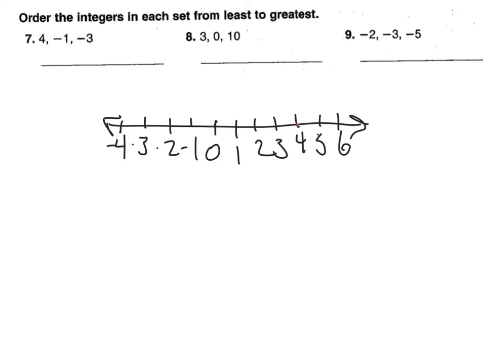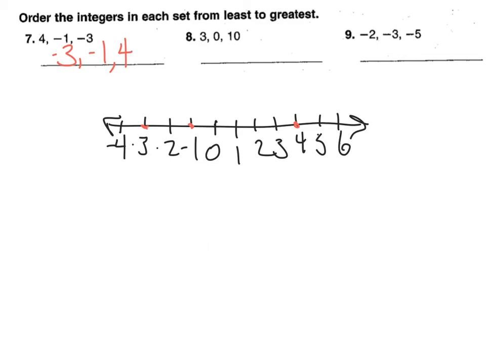Number 1 is at 4, that's right here. -1 is over here, and -3 is all the way down here. So looking at our numbers, which one's furthest to the left? Well, that's going to be -3, so that is our smallest number. In the middle, we've got -1, and then furthest to the right, the highest number is number 4.